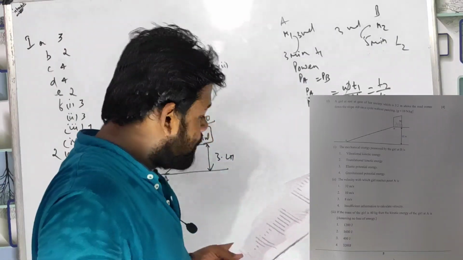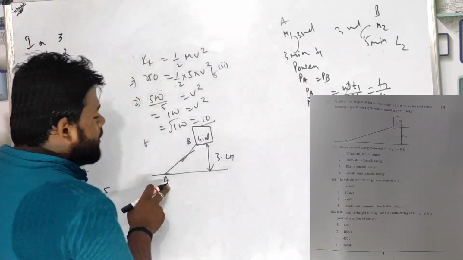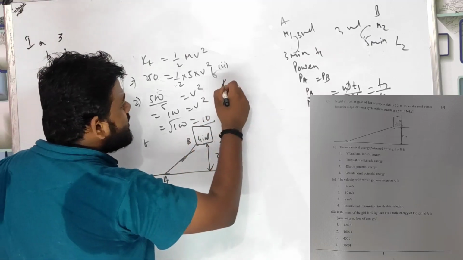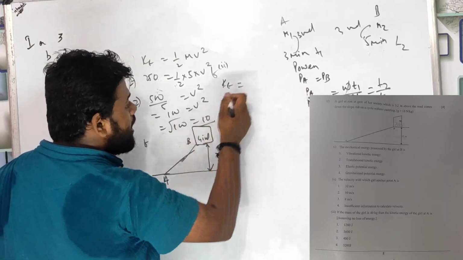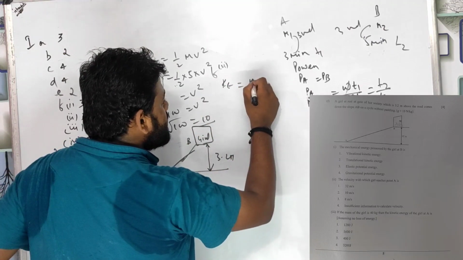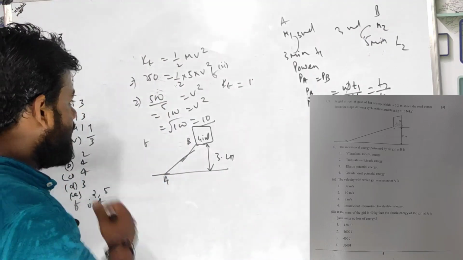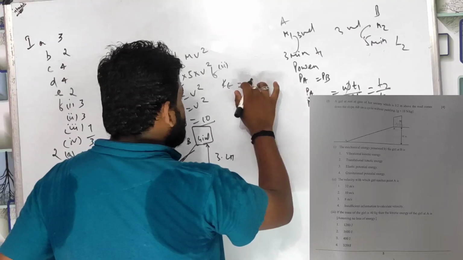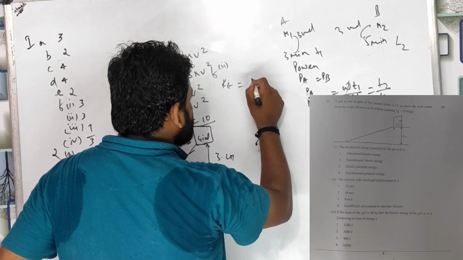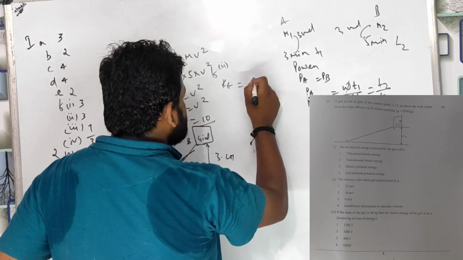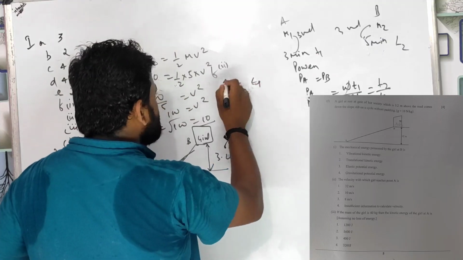Anyone? Do you have an idea? If she reaches the point here, kinetic energy at A equals the potential energy she had here, right? Potential energy is mgh. Here we have kinetic and potential energy.